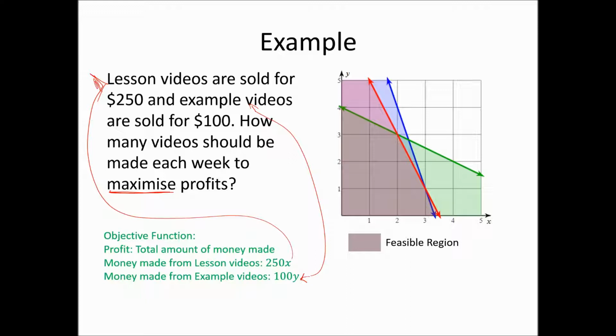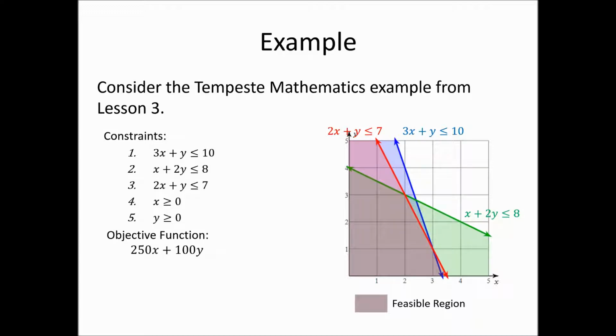So the total amount of money that I'm making is 250x plus 100y. This is the objective function, and we are looking to maximize that function. So what values of x and y can make this as big as possible? So there's our constraints, there's our objective function. Let's start figuring this out.